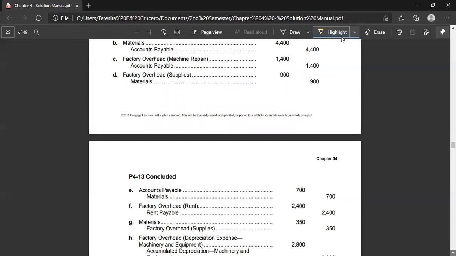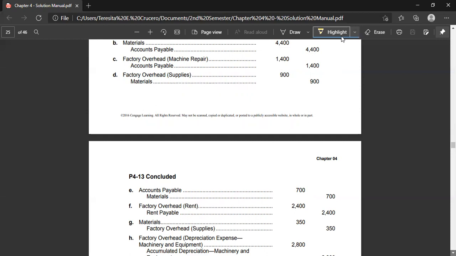This entry is related to letter B. Debit materials and credit accounts payable. So that's letter E. Then F, factory rent accrued for the month, 2,400.